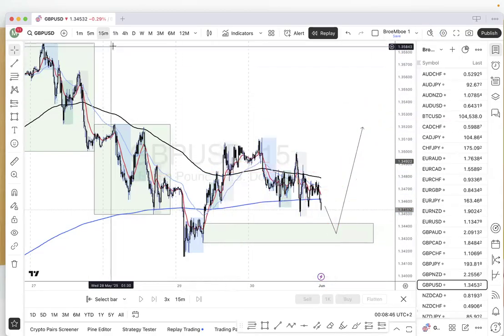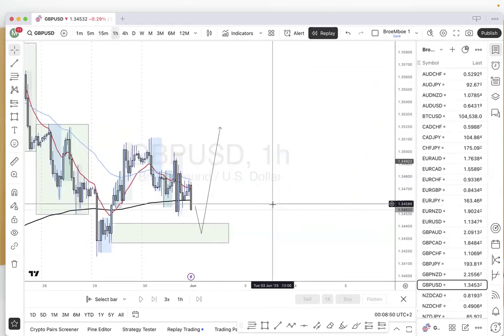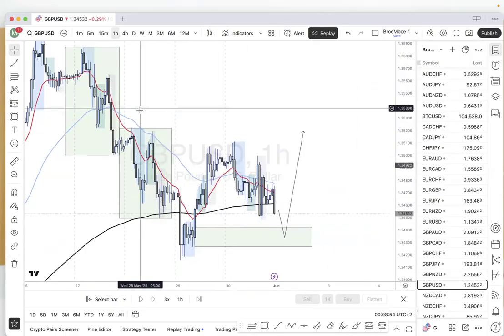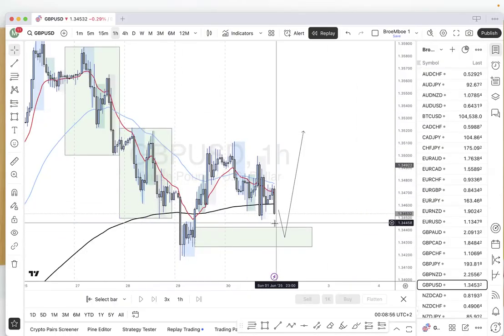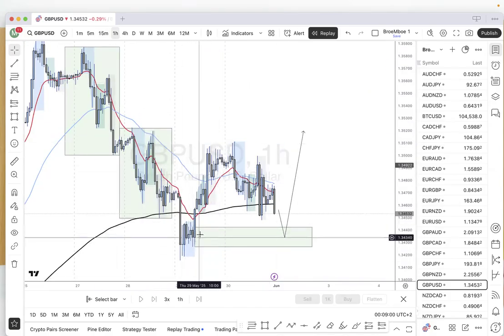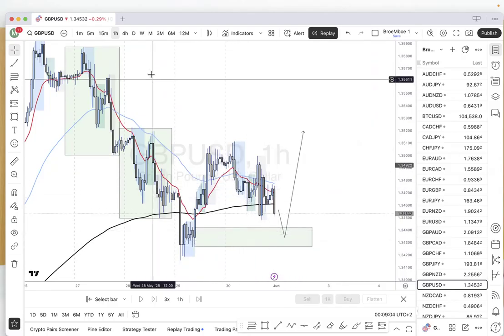All right. If I go first to H1, from H1 we haven't broken anything, right? And price is still there. But like I said, I've marked that area there as potentially where price might get into.